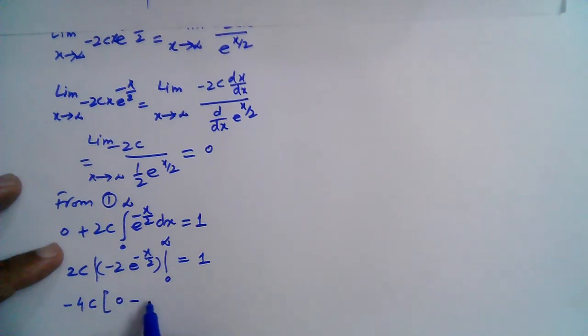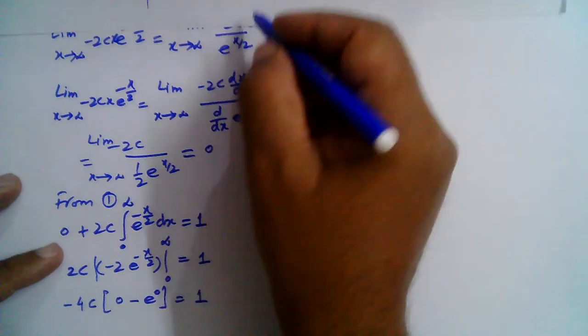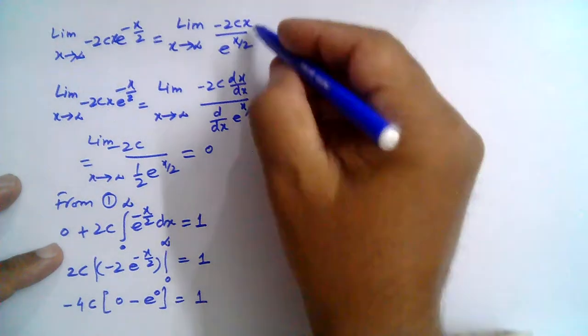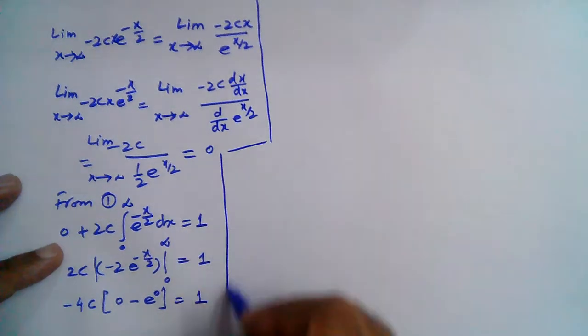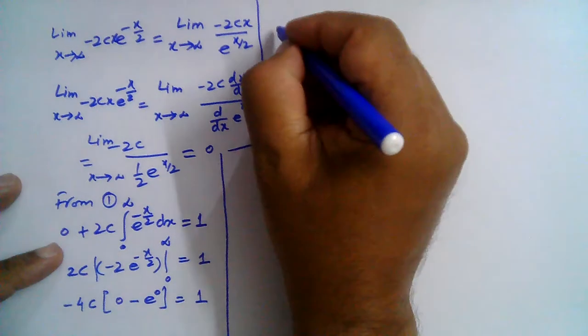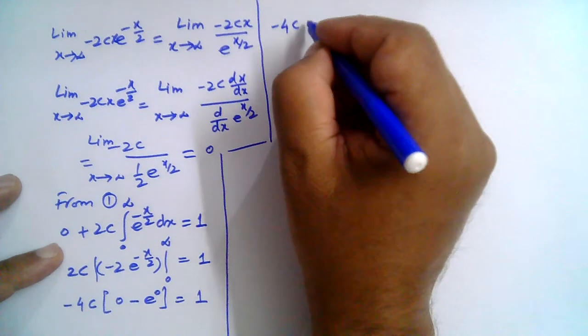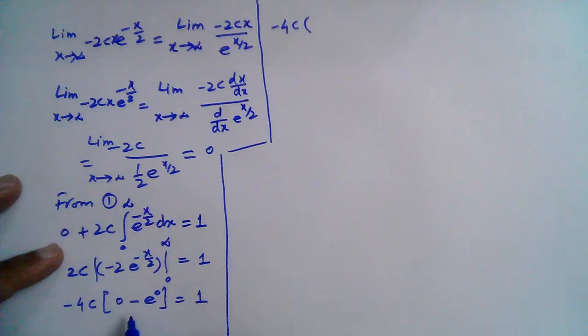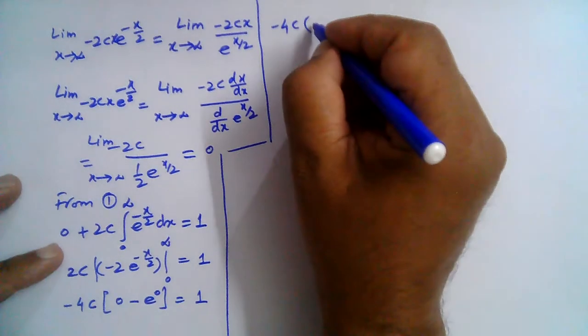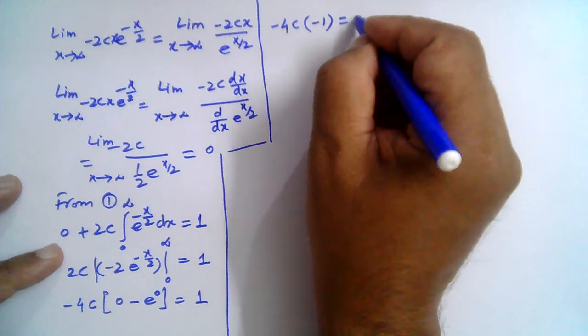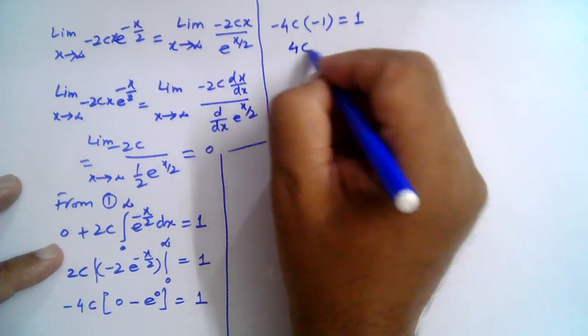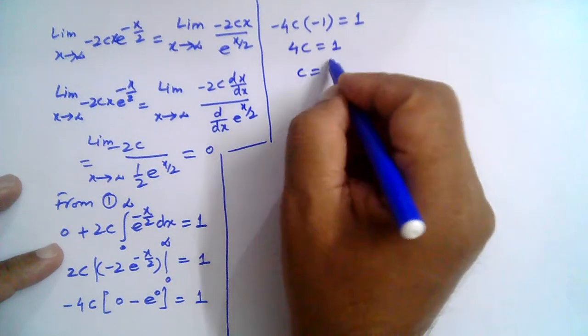And then minus, we put in the value of 0 here, e raised to the power 0, which is 1. So minus 4c times 0 minus 1, which is minus 1, is equal to 1. So that means 4c is equal to 1. So c is equal to 1 over 4.